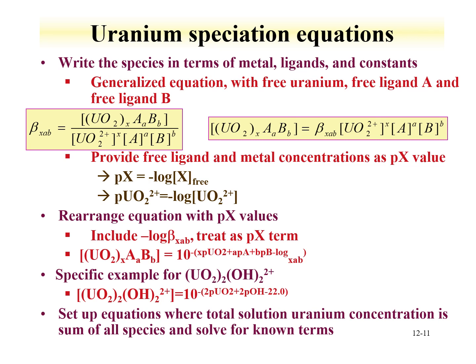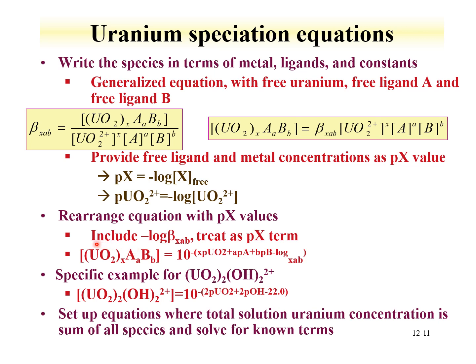I can rearrange this equation so that I can put these px values in along with the complexation constant to calculate the species of interest. I need to include the negative of the log of the complexation constant since I'm talking about px terms, so I just treat this as a minus the log term.